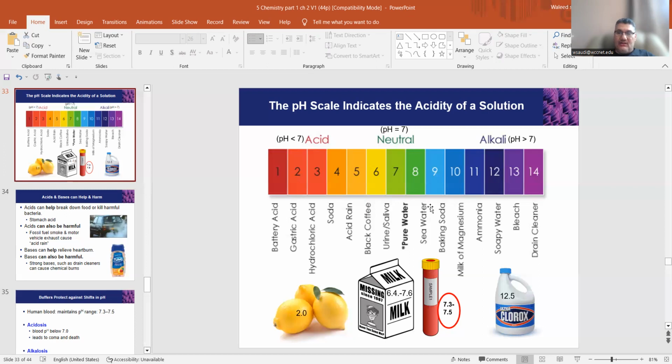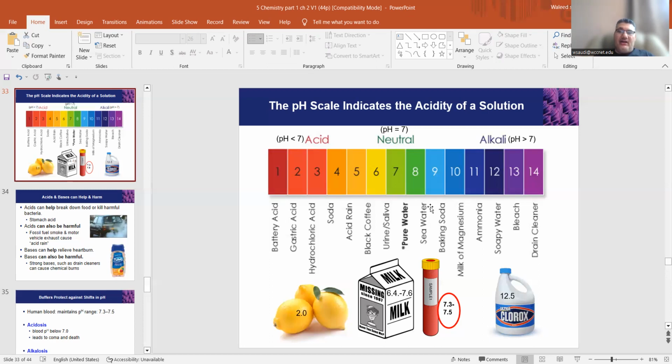This is not bad because we need the food, but we don't drink acid. We don't drink Clorox or even oven cleaner. We don't drink bleach. So if it is slightly acidic or slightly alkaline in the normal food and drink, that's okay. The body will take care of it.